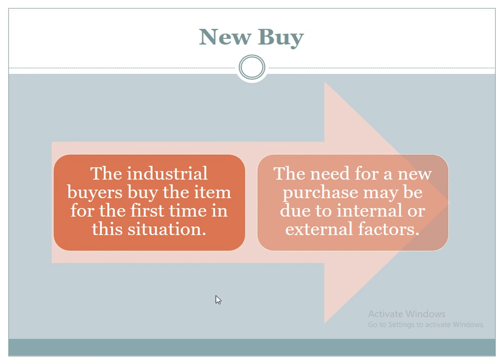Therefore, the buyer has to obtain a variety of information about the product, the suppliers, the prices, and so on. The risks are more. The decision may take a longer time, and more people are involved in the new purchase decision. It is the case of active search and high involvement on the part of the decision making unit.